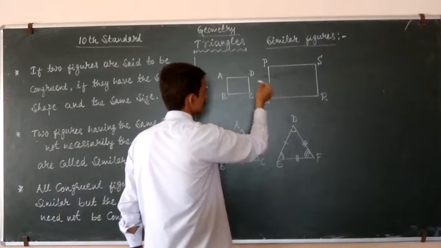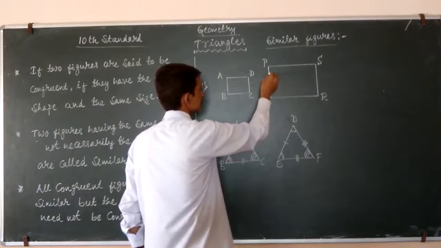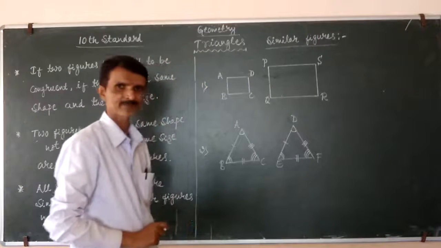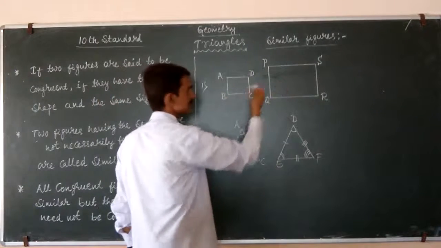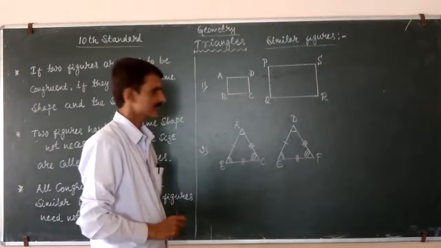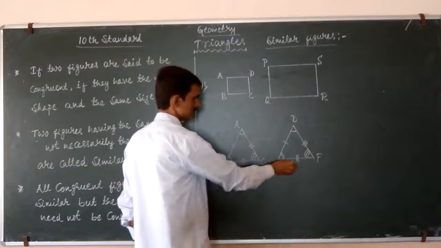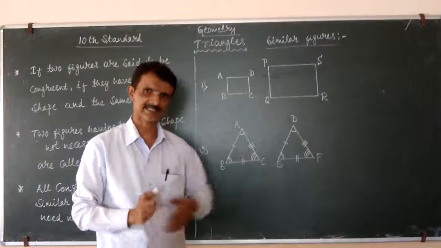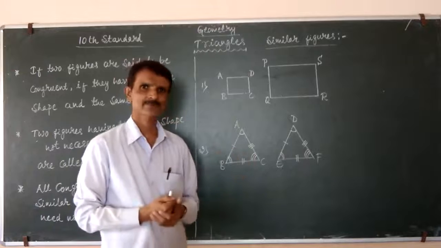Both have the same shape, but they are not equal in size. Here, the two triangles have the same shape, and the size is also equal.